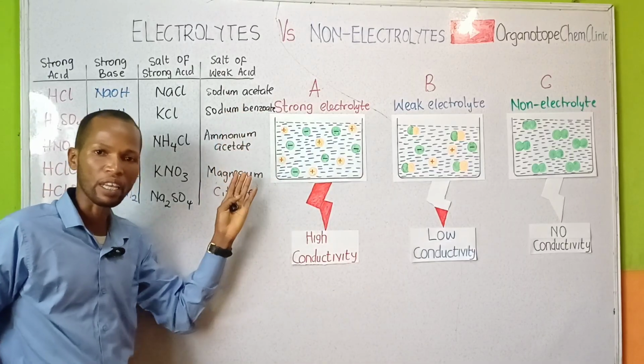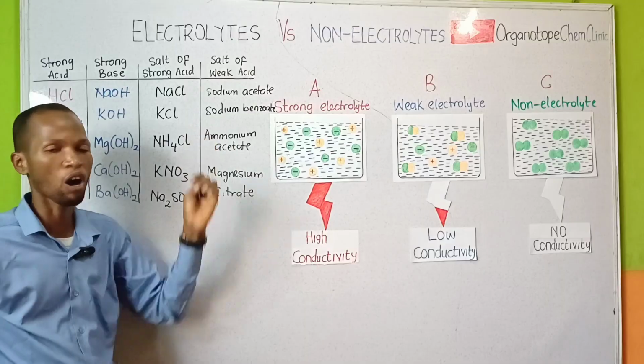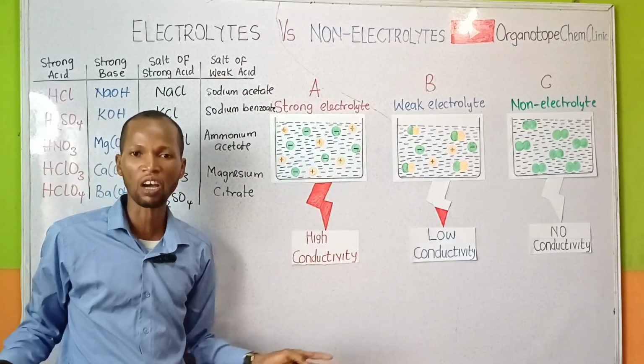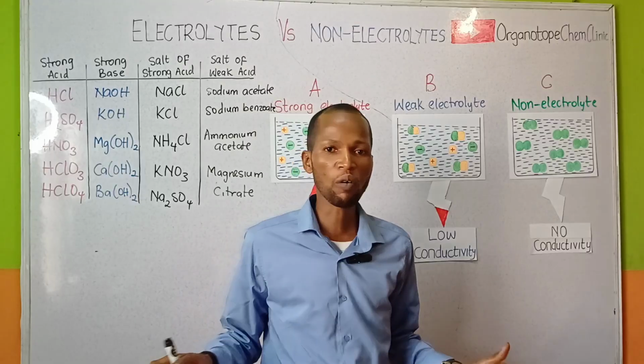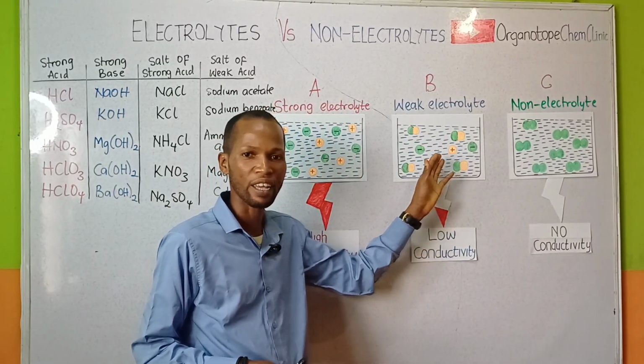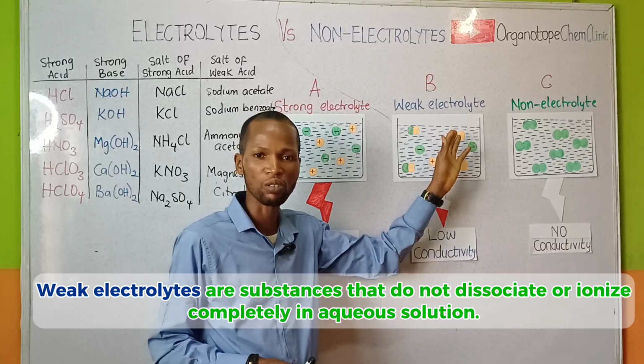So all these examples are salts of weak acid, and they are also classified as strong electrolytes. Make sense? Now, can we consider the next class of electrolytes right here, which is the weak electrolytes?